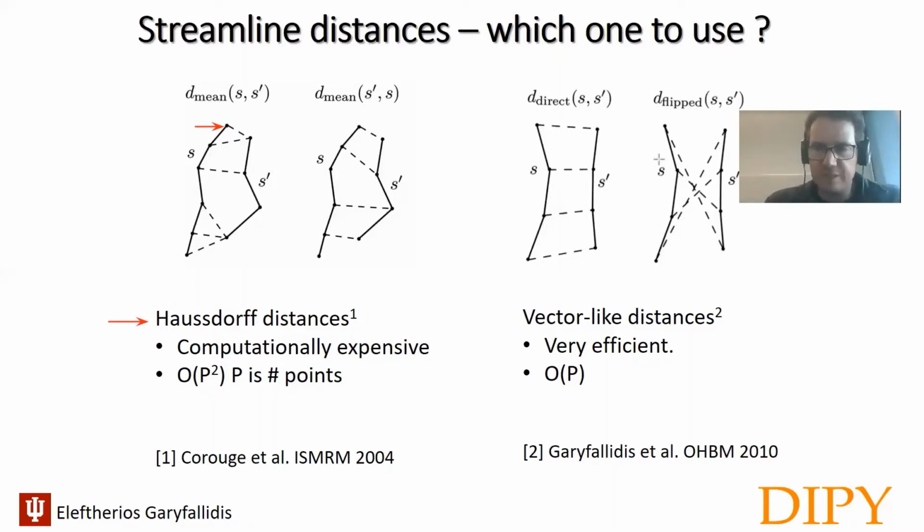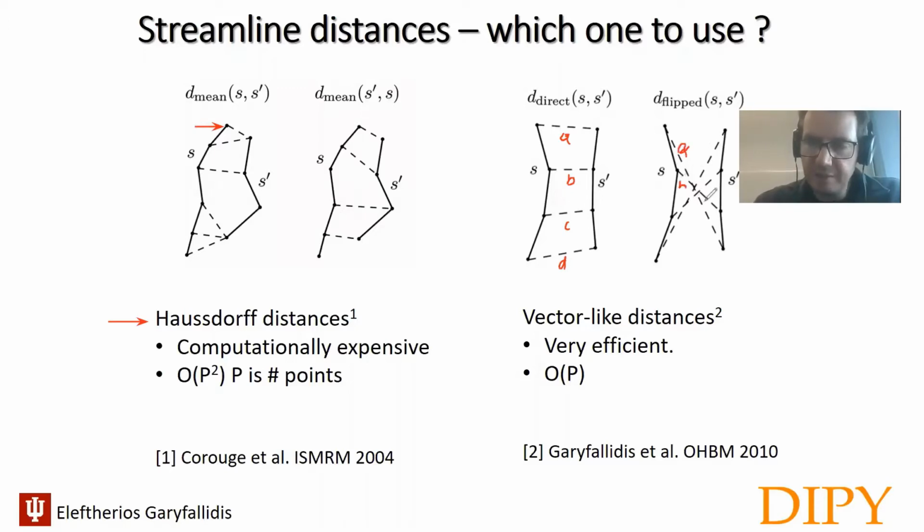But then I introduced this distance, which basically, assuming that the number of points on a streamline are the same, here we have 4 points, 1, 2, 3, 4, and here 1, 2, 3, 4, we can calculate the direct distances shown here. Those are the Euclidean distances A, B, C, D. And then you can also flip one of the two streamlines and calculate those distances and keep them.